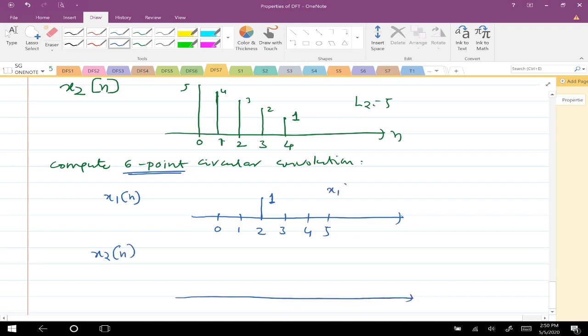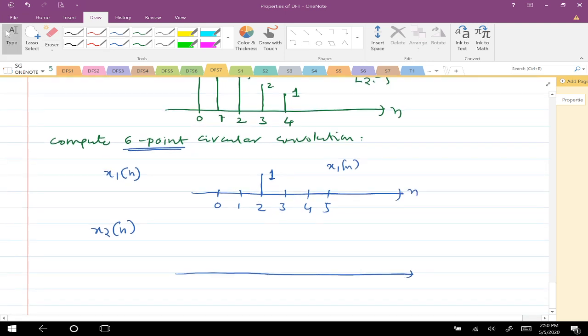This was x1 of n, this being n, and x2 of n, for example, is 5 4 3 2 1, 5 4 3 2 1, okay, 0 1 2 3 4. This is of length 5, but I want 6 points. So assume that I have an additional 0. So you make this length 6, and this also length 6.